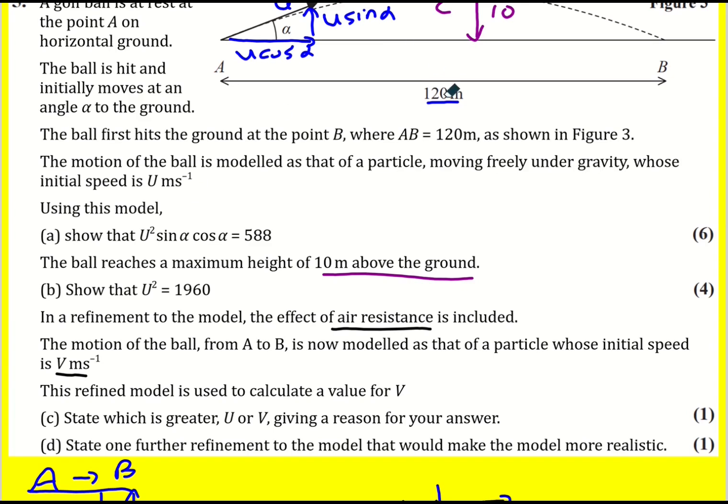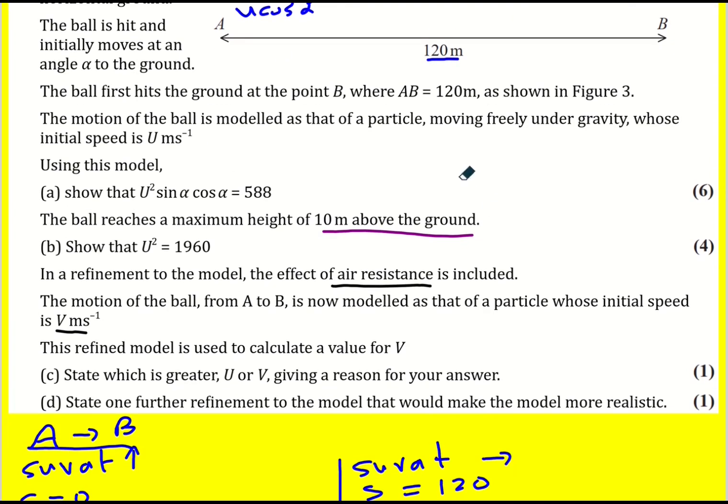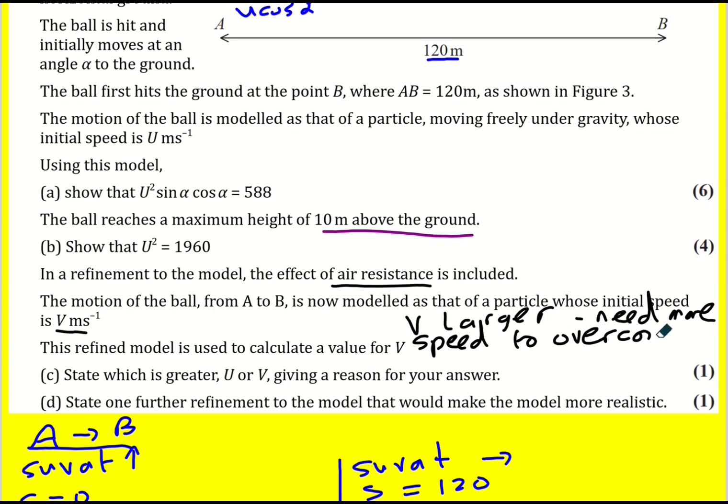It's still going 120 meters and it's still reaching a height of 10, which means because air resistance is going to be slowing it down, v is going to have to be larger to start with. V larger, need more speed to overcome air resistance.